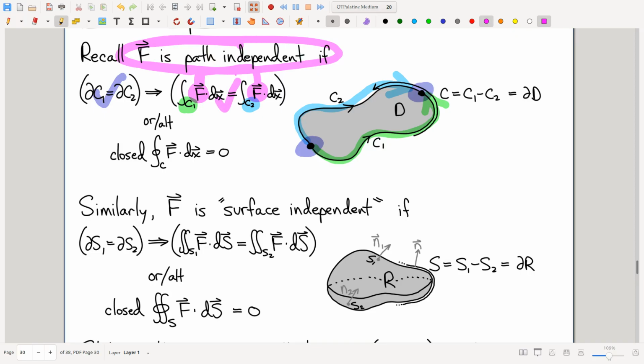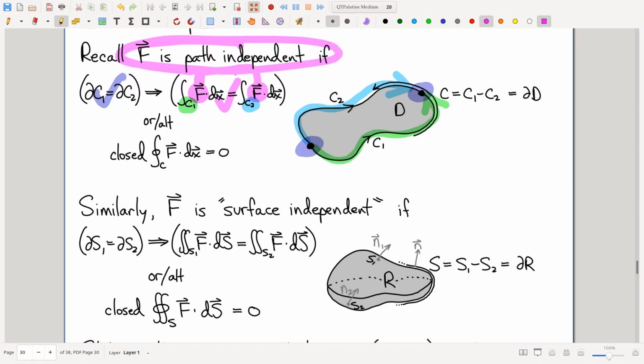So this is the special property that path-independent vector fields have. Anytime you have two curves with the same start and the same end, they'll always give you the same vector line integral. So everybody remembers this?